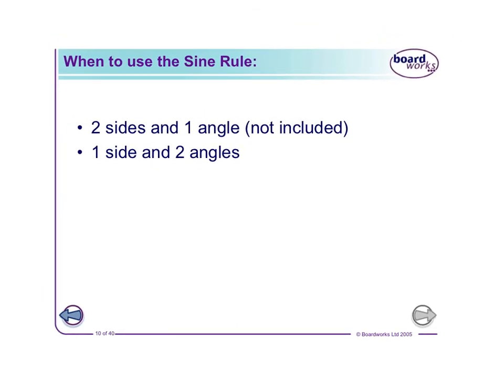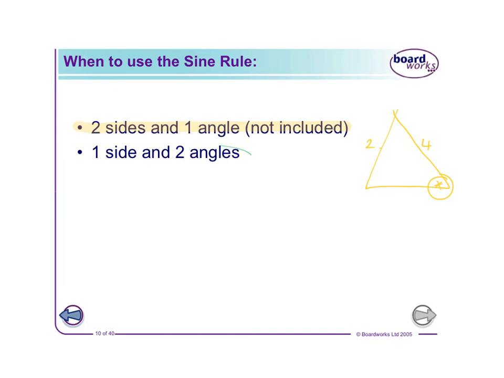Just in general here, 2 sides and 1 angle, but it's not at the included angle. So if you're given this, you have, let's say, 2, 4, you won't use it if it's got the included angle because that's opposite an unknown side. So you need a situation where you have 2 sides and then an angle opposite at least one of those sides. That angle must be opposite one of them.